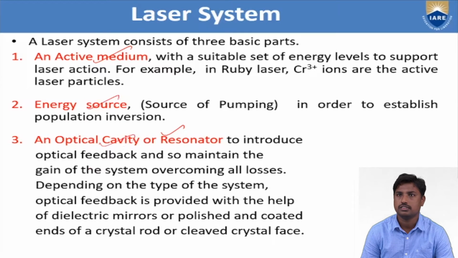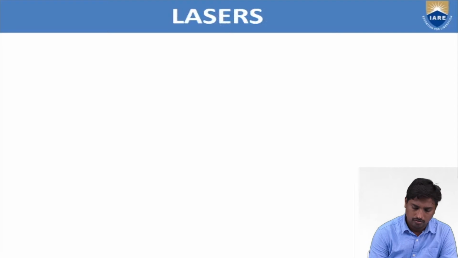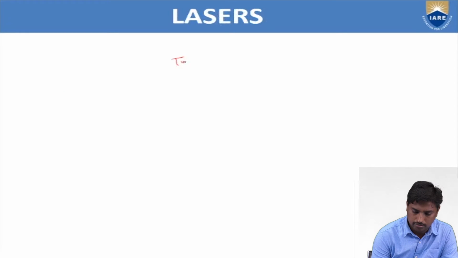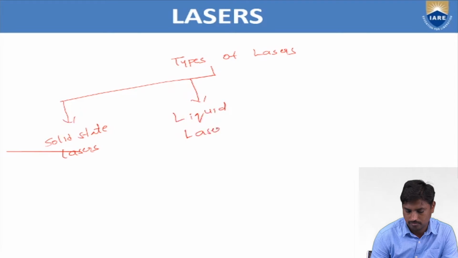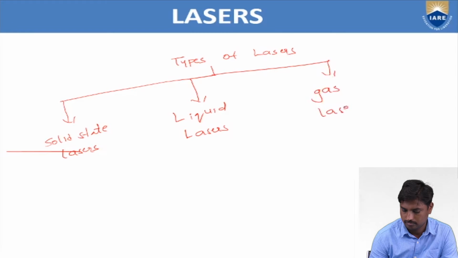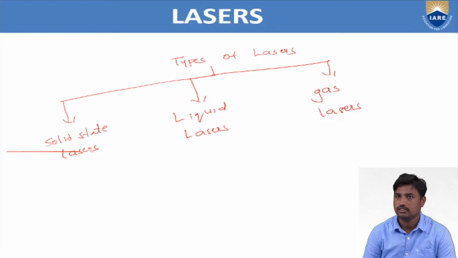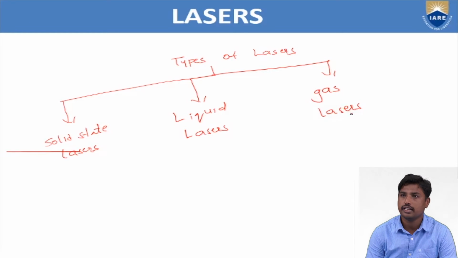Now coming to the types of lasers. We have three types of lasers: solid state lasers, liquid lasers, and gas lasers. One is the solid state laser, another the liquid laser, and the third gaseous lasers.